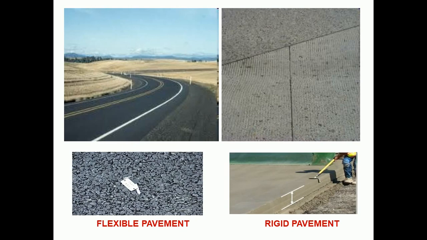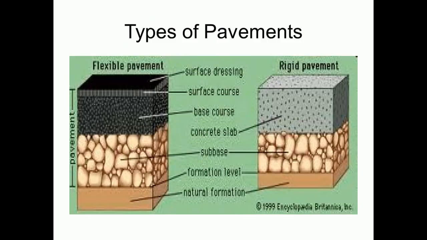So pavements are basically divided into two categories: flexible pavement and rigid pavement. If you look at the cross section of the flexible pavement and rigid pavement, in flexible pavement you will find the lowermost layer as subgrade, then subbase, base course and wearing course.